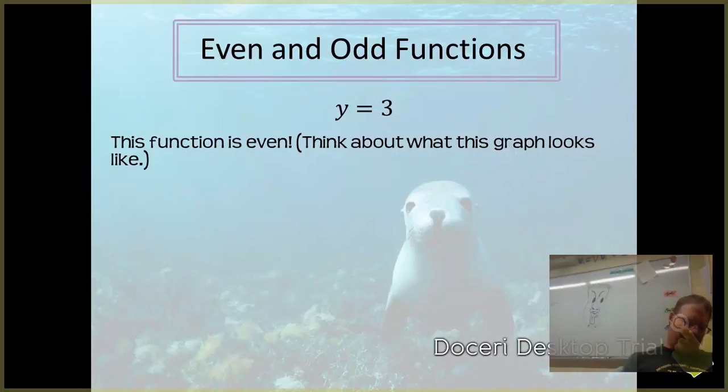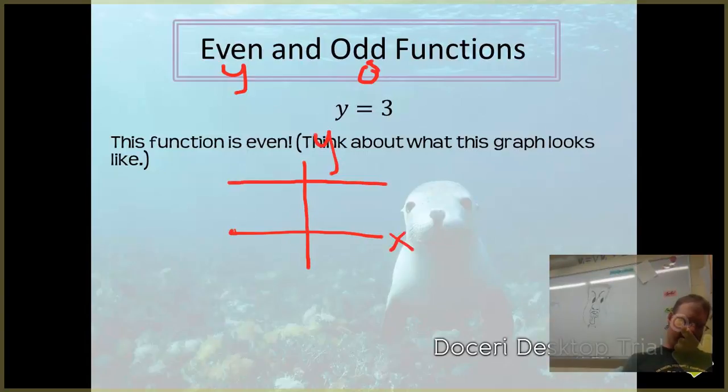Remember, an even function means it's symmetric about the y-axis. An odd function means it's symmetric about the origin. Okay? The graph of y equals 3 is just a horizontal line. Isn't this a mirror image of what's over there? Isn't it symmetric about the y-axis? You bet.